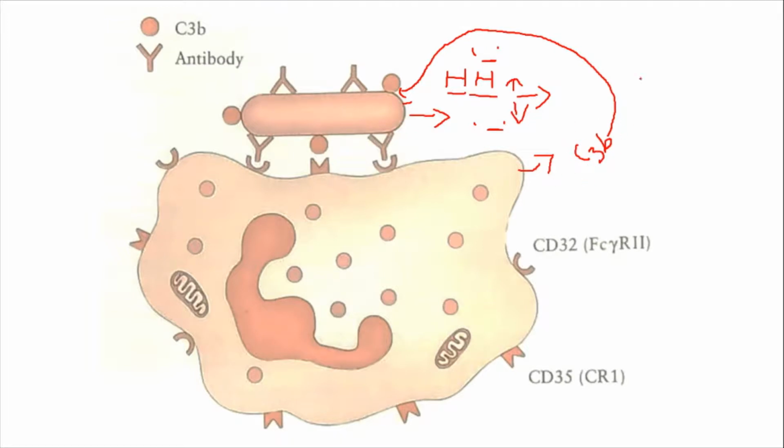After C3b binds to the antigen, the surface charge changes, and it becomes positively charged. Once this C3b complement binds to the antigen molecule, the bacterial surface becomes positively charged.